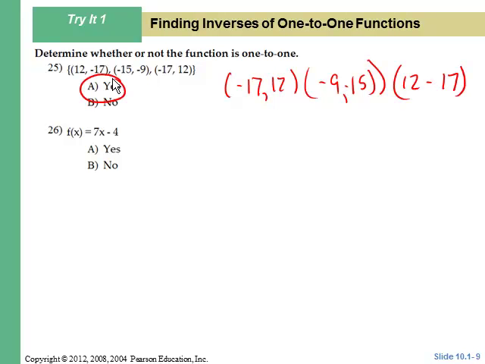Okay, let's look at this one. f of x equals 7x minus 4. y equals 7x minus 4 is a one-to-one, and interestingly, its inverse would be x equals 7y minus 4. So you can switch those around, and we're going to see how to do that later on.